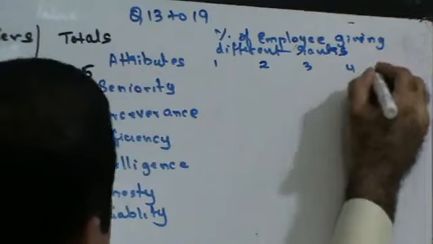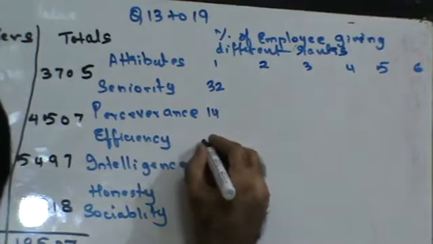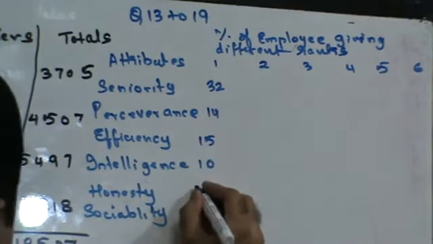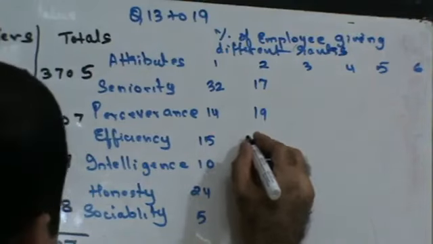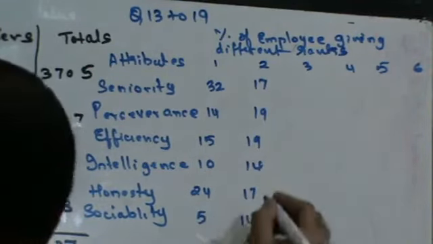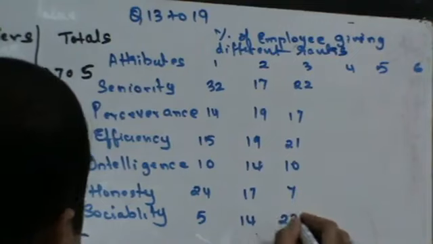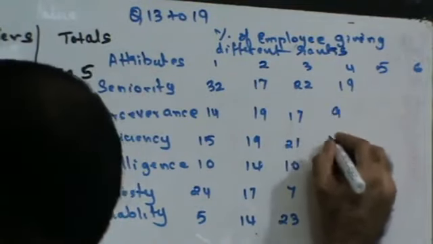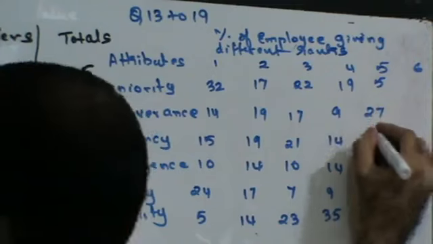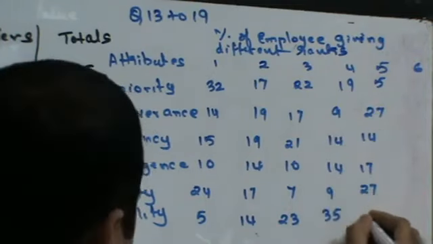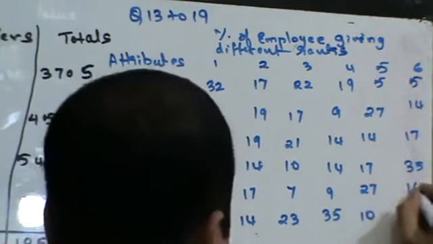1, 2, 3, 4, 5, 6, and the percentages are given to you as 32, 14, 15, 10, 24, 5, 17, 19, 19, 14, 17, 14, 22, 17, 21, 10, 7, 23, 19, 9, 14, 14, 9, 35, 5, 27, 14, 17, 27, 10, and 5, 14, 17, 35, 16, 30.